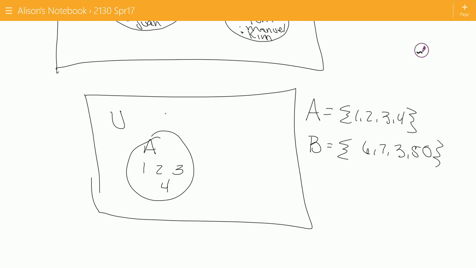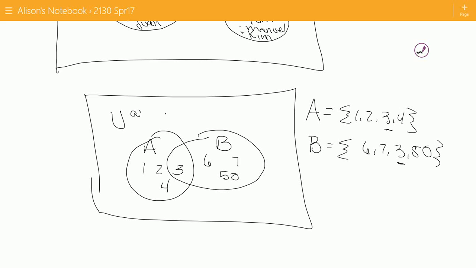Now just by looking at these two in set notation, I might not be able to tell if there are common elements. But in a Venn diagram, I'm going to draw the second one, and this is set B. And if you'll notice, there's also a 3 in set B. There was a 3 in set A and a 3 in set B. And then it also has 6, 7, and 50.